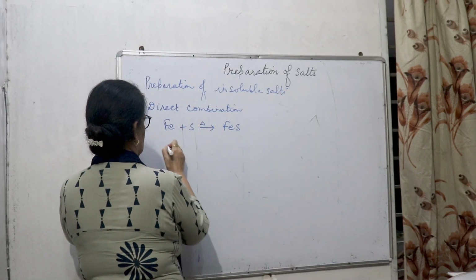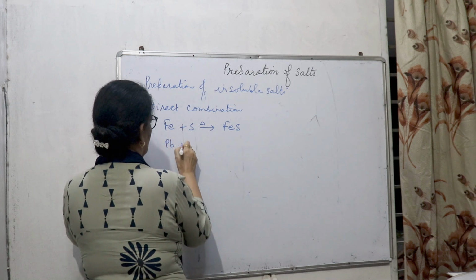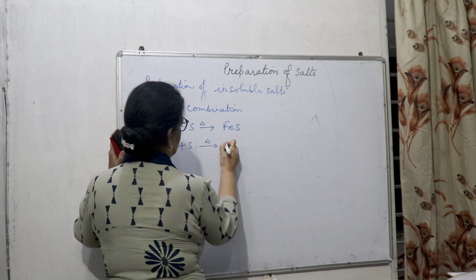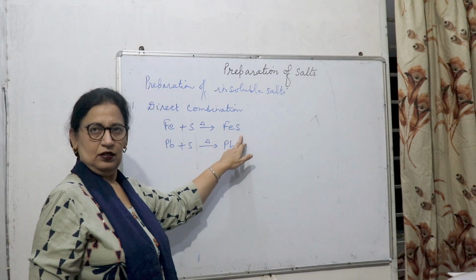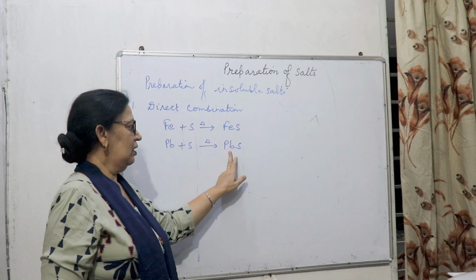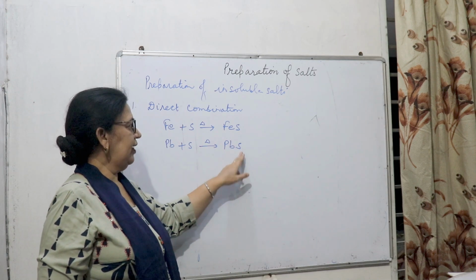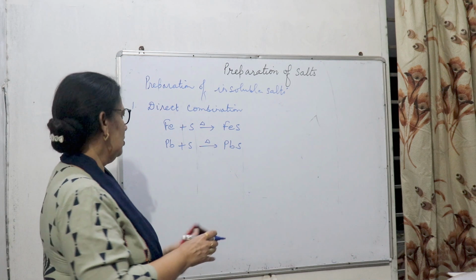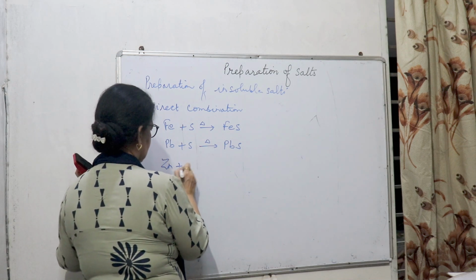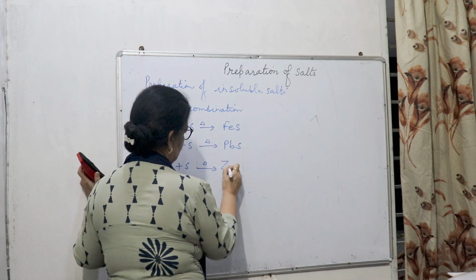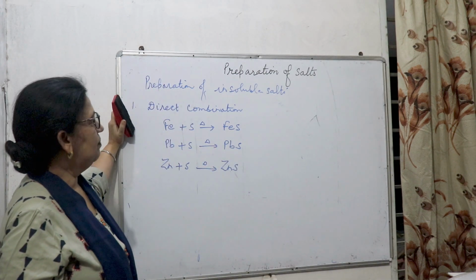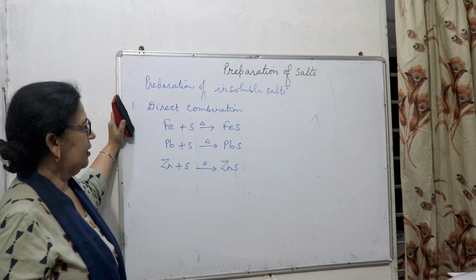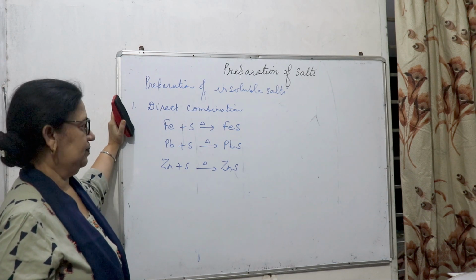This is direct combination. And Pb plus S gives PbS. Iron sulfide, ferrous sulfide, lead sulfide. So sulfides are insoluble salts. Zn plus S gives ZnS. So this is direct combination. Two elements combine to form a salt, and here the sulfides are formed.